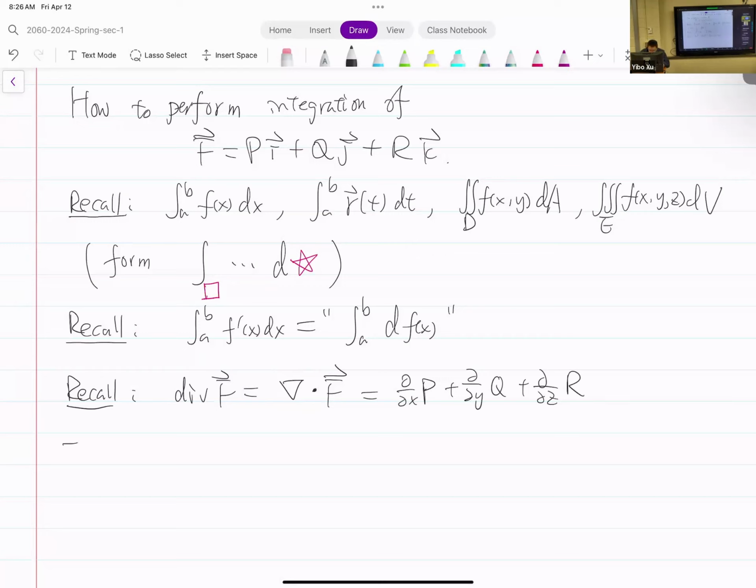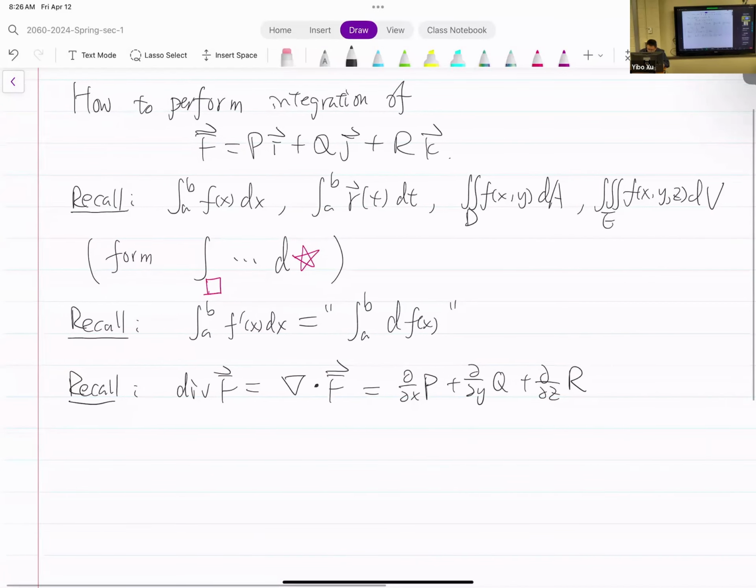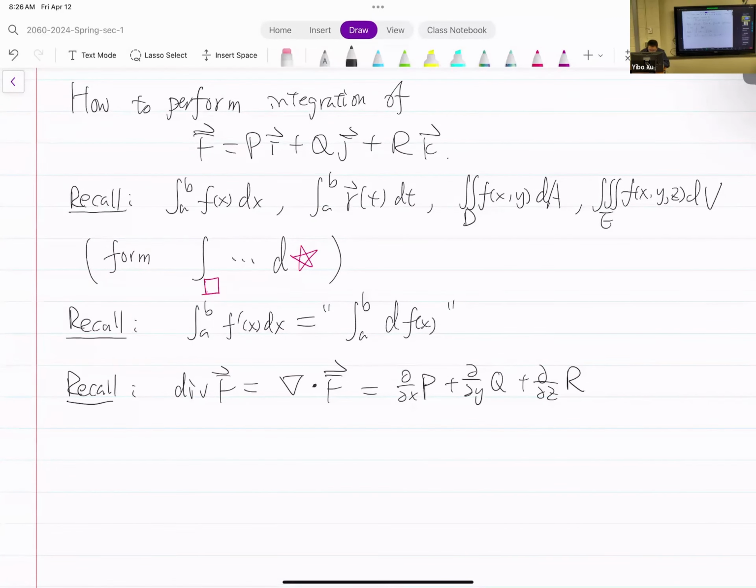So in a way, you see, this is a way that you are doing the partials, right? So this is really related to the differential that we have been talking about.